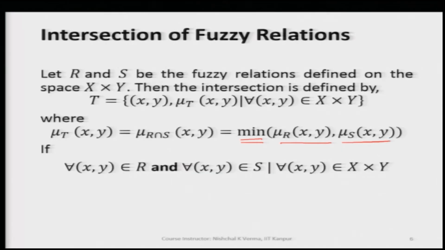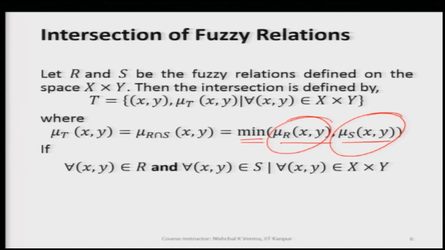So, when we are taking the intersection of fuzzy relations, we use the min criteria. When we take the min of these two membership values, the resulting value will be termed mu T of x comma y, which comes from the intersection of the R and S fuzzy relation sets.